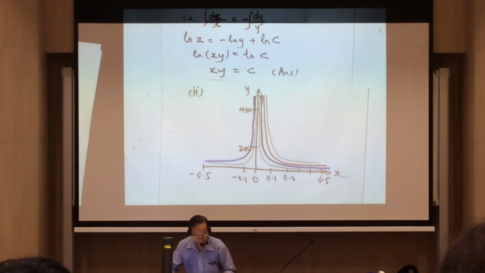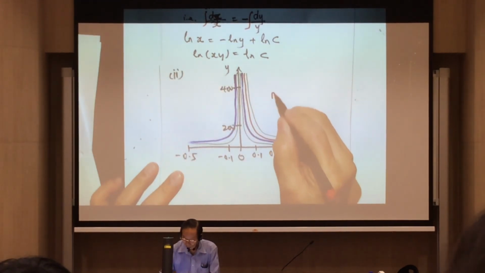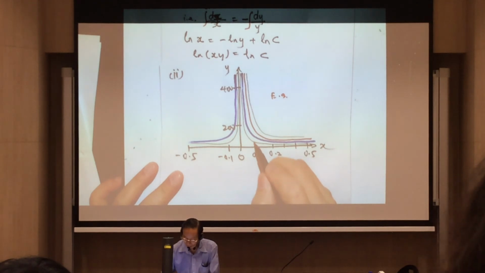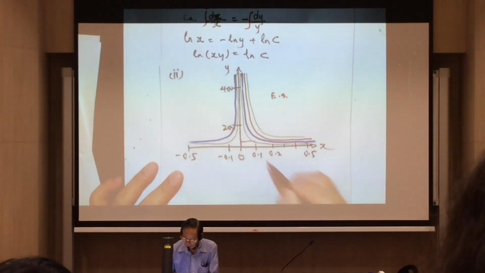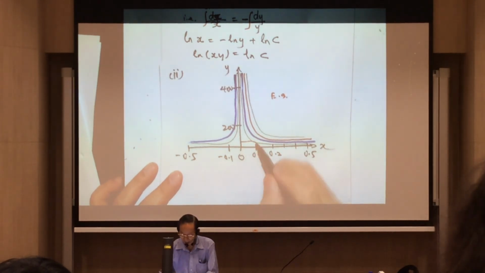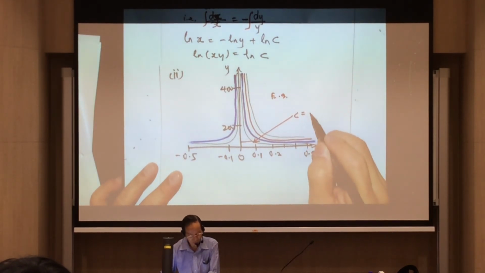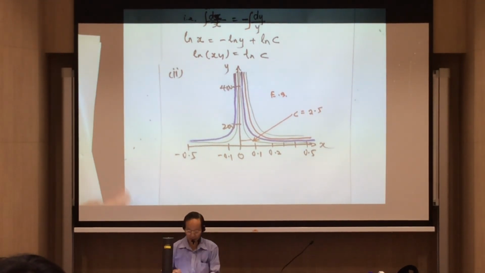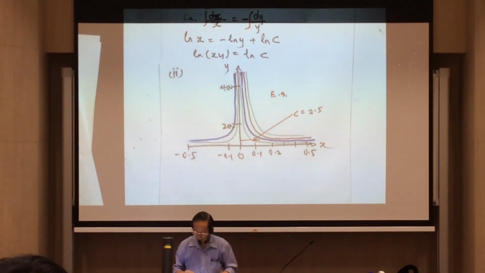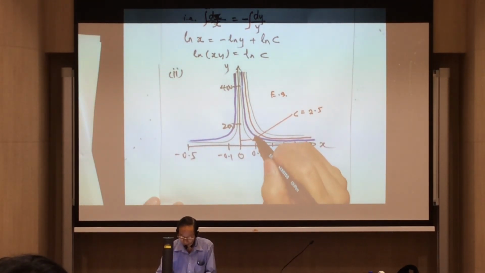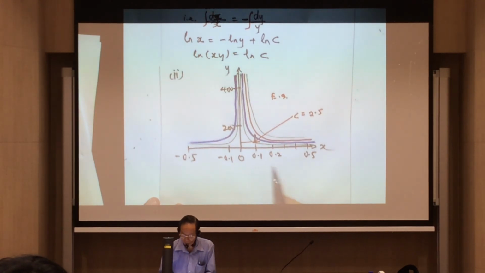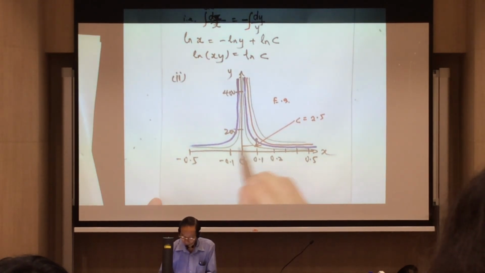So, for example, at this point, when x equals 0.1, y is maybe 30. This could be for c equal to, for example, 2.5. Then you have another point here, where x is 0.something and y is 0.something.